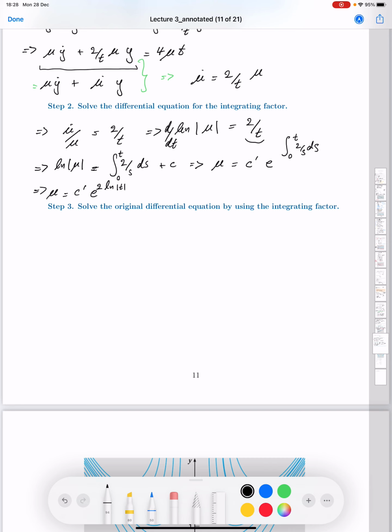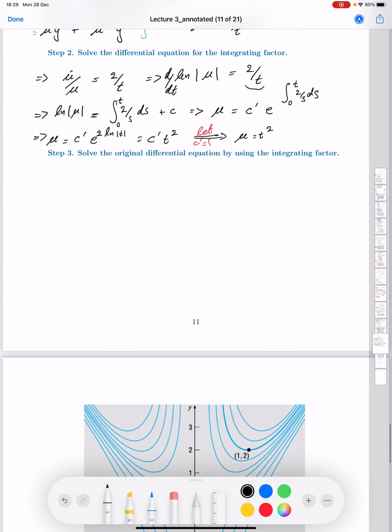Now you see that the 2 can go to the power of this absolute value, and e and ln will cancel out, so this will be c prime t squared. And then let c prime equal 1, and we have mu equal to t squared. Great. So now we have the integrating factor.